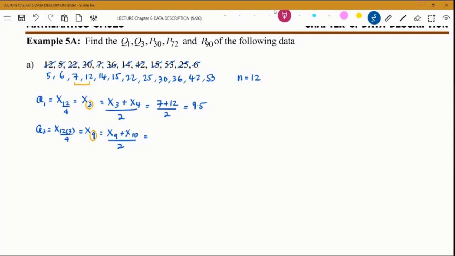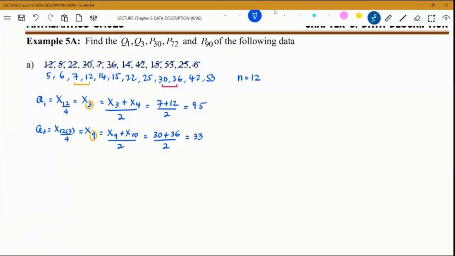So which is here and then here will be 10. Okay, so we're going to have 30 plus 36 divided by 2. So we're going to have your third quartile will be berapa? 33. 33. Good. Okay. So quartile done.